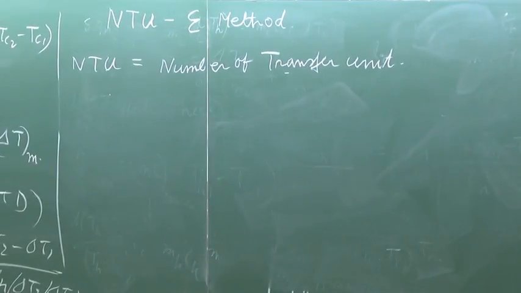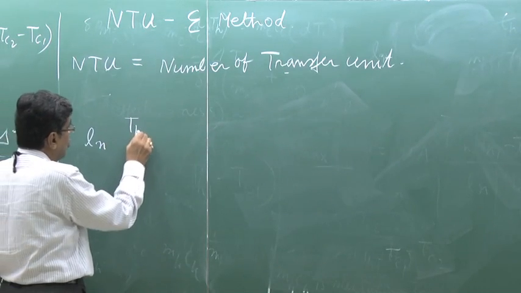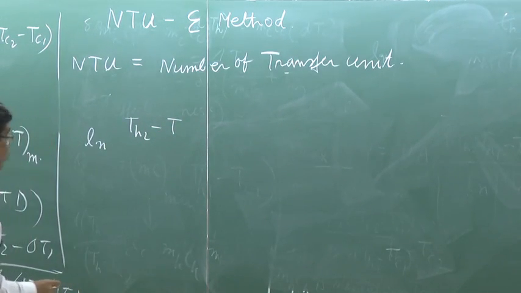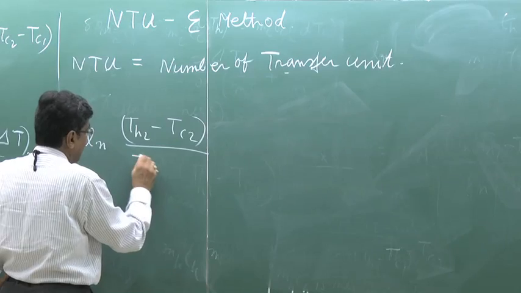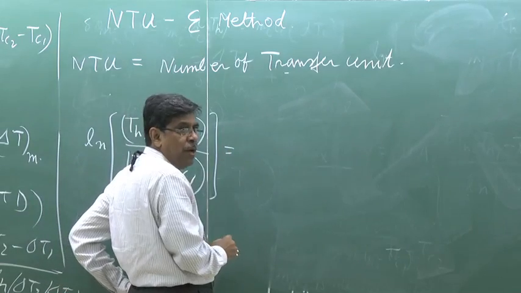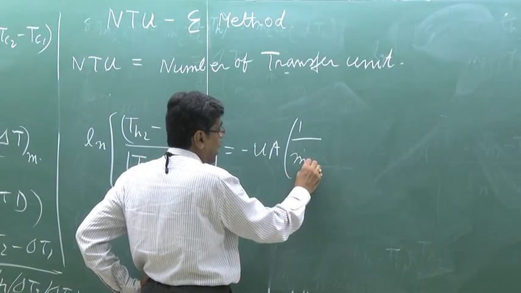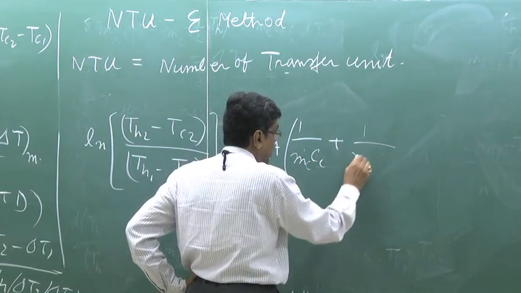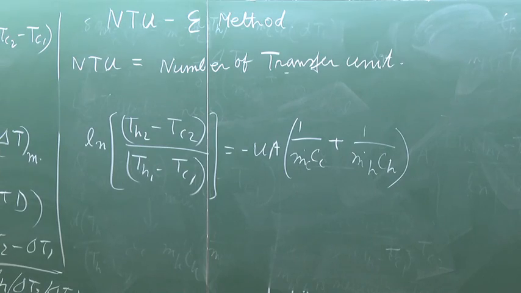Let us go back to our earlier deductions where we came to ln of (TH2 minus TC2) divided by (TH1 minus TC1), considering the parallel flow arrangement again, is equal to, if I remember correctly, minus UA times (1 over m dot Cc plus 1 over m dot Ch), where after this was replaced I got an expression for LMTD.